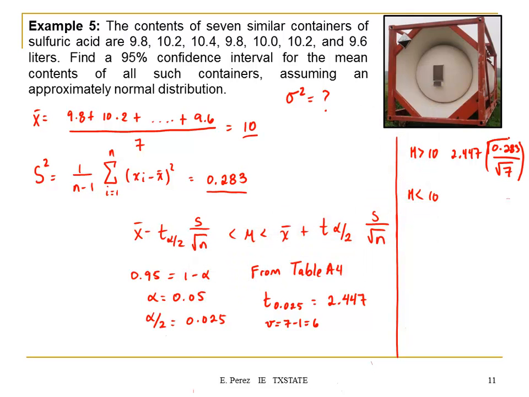So this should be minus, and this is plus, 2.447 times 0.283 divided by the square root of 7. And this is equal to mu. The upper bound is 10.26 and the lower bound is 9.74.